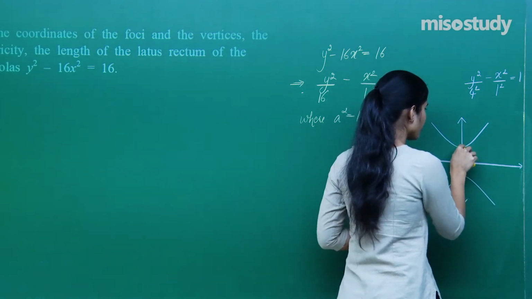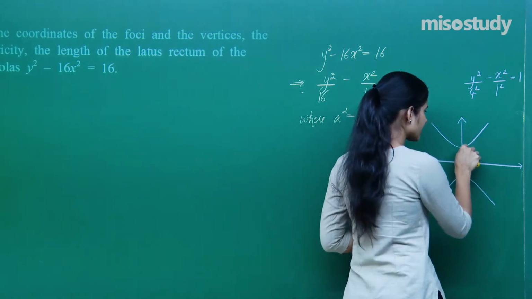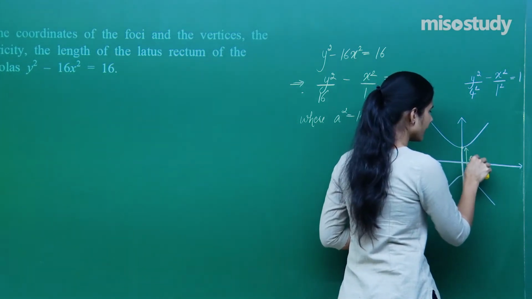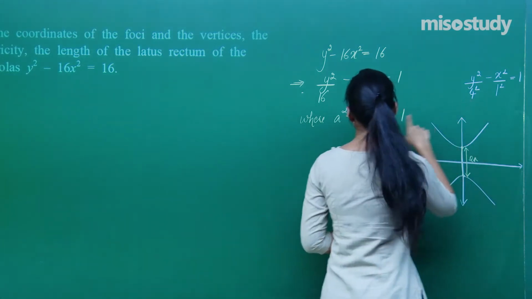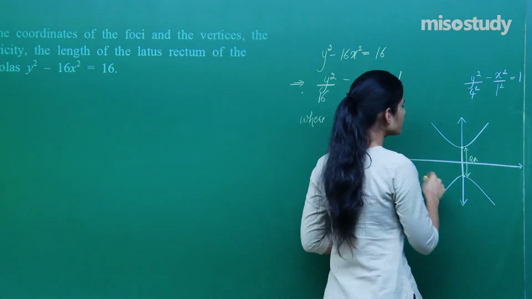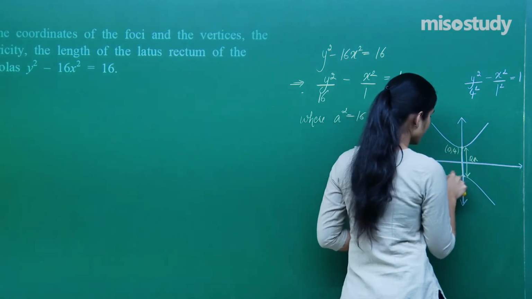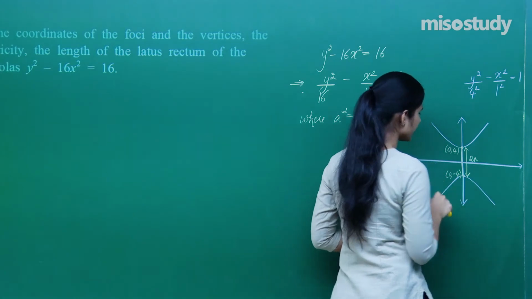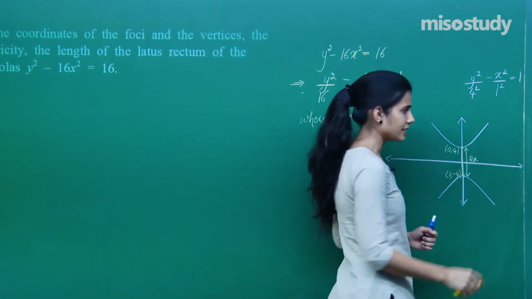The endpoints of the transverse axis are my vertices. The length of the transverse axis is actually 2a. A square is 16, that means a is 4, b is 1. So this point is (0, a), and this is (0, -a).